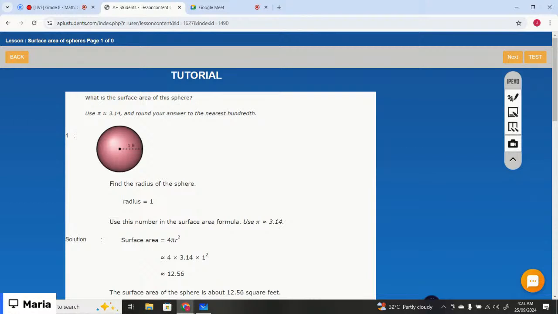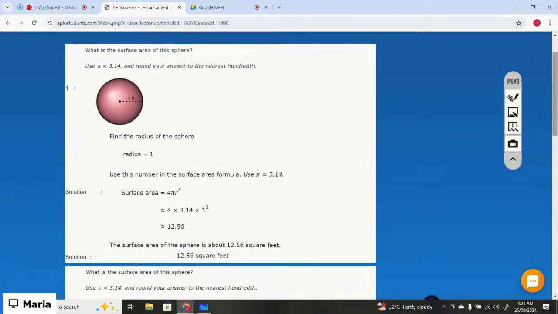What is the surface area of the sphere? You are given the radius r equals 1.